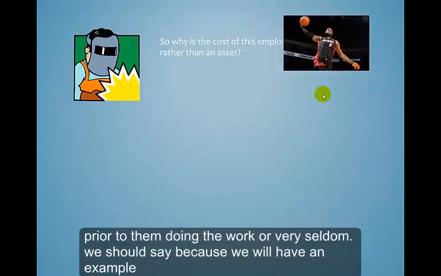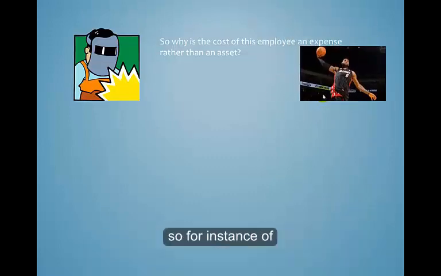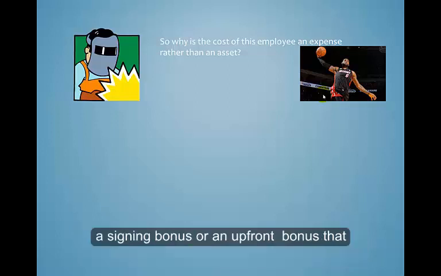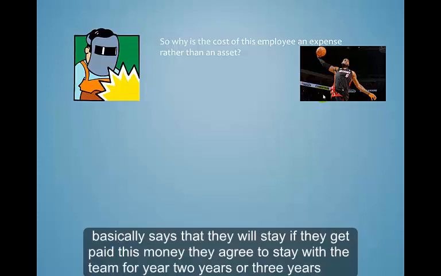So, for instance, if we look at a professional basketball player, many times they are paid what's called a signing bonus, or an upfront bonus, that basically says that if they get paid this money, they agree to stay with the team for a year, or 2 years, or 3 years.